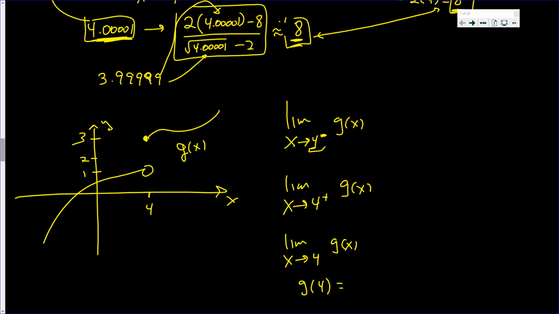Okay. Well, if you come from the left of 4, that x value is less than 4. That's a little bit closer to 4. Closer to 4. I admit we're nowhere near 4 yet, but we're getting there. Okay, we're getting closer and closer to 4, and the y values are getting closer and closer to 1.